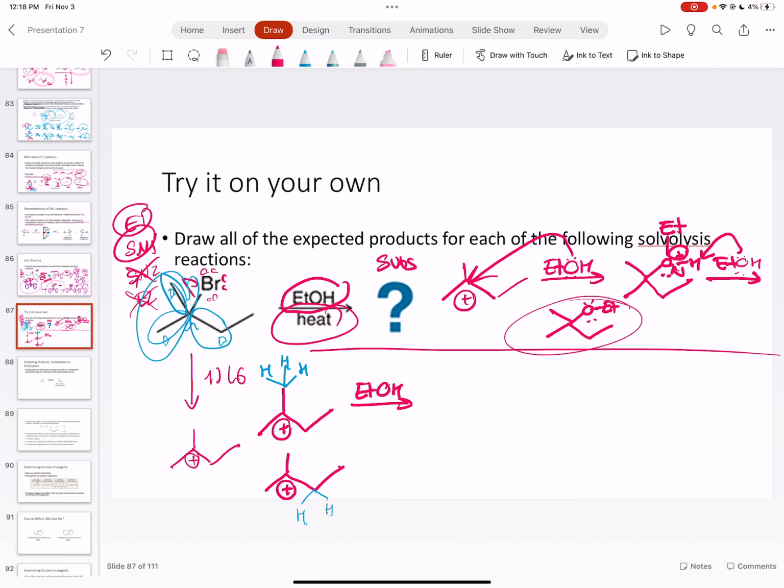So then I do ethyl OH. And you already know how elimination reactions work. We're gonna take that hydrogen from it.